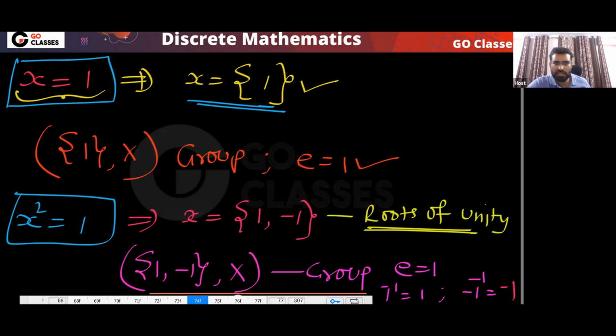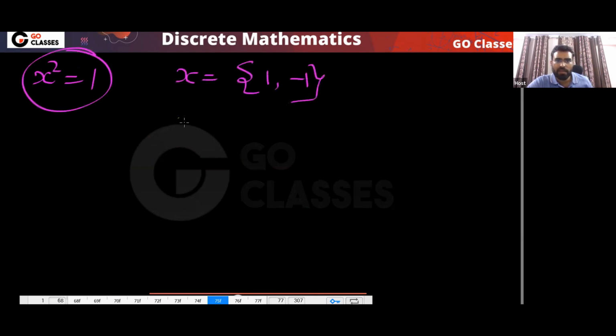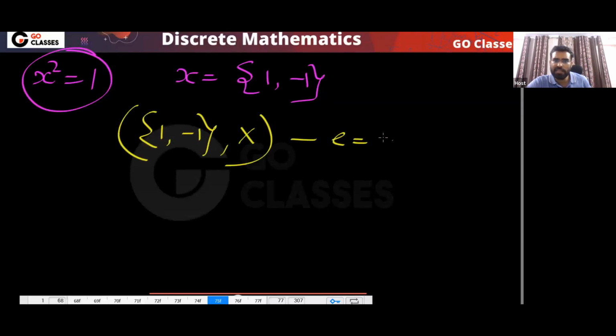You can check, very simple what I'm saying. If you notice this equation, then x will be 1, minus 1. Now this 1, minus 1 will be a group under multiplication. The identity element will be 1, and the inverse of the identity element is always the identity element.